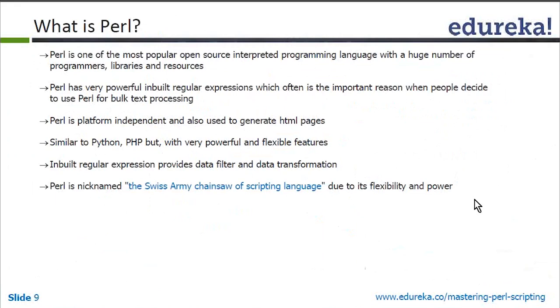There are regular expressions for matching, for substitution, and there are a lot of special variables in Perl through which you can do n number of things. And that is the reason why Perl is mainly used, because Python is more similar to C. You have to implement your logic yourself.